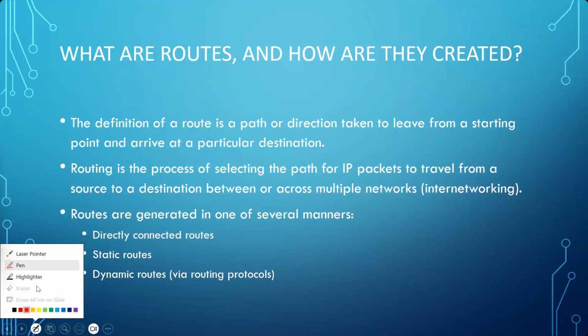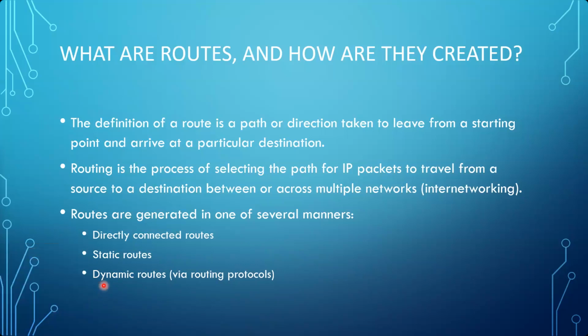There we go. Dynamically. So routes can be learned by dynamic information, which is updated or shared from other routers. Basically, routers are going to use their own special language, known as routing protocols, to share this information with one another, or at least with their neighbors, which means the connected routers.